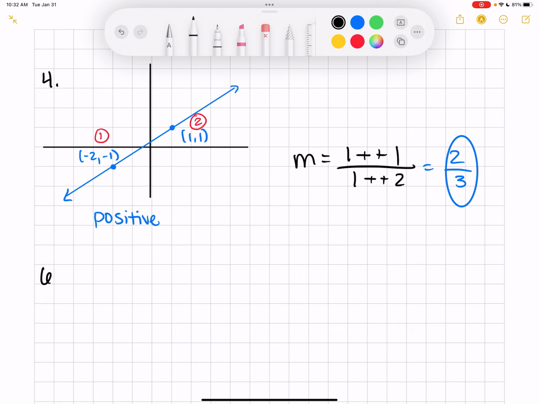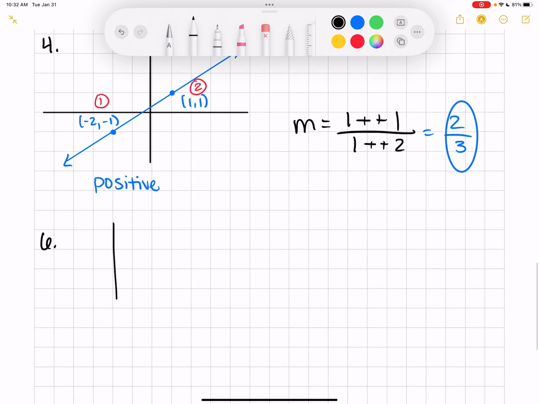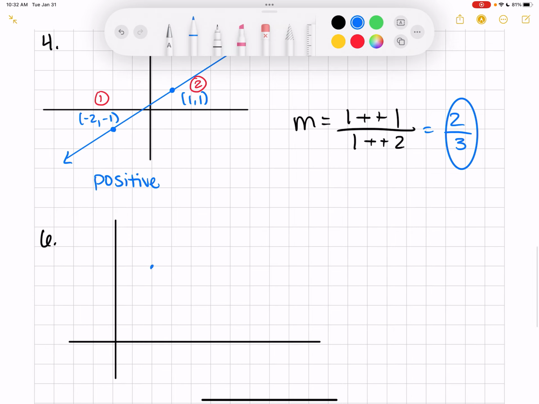Let's see, number 6. They give us this graph. We have this point, which is 2, 4, and then we have another point at 6, 2.